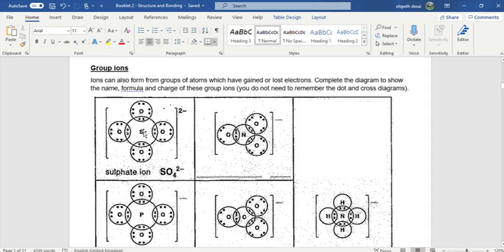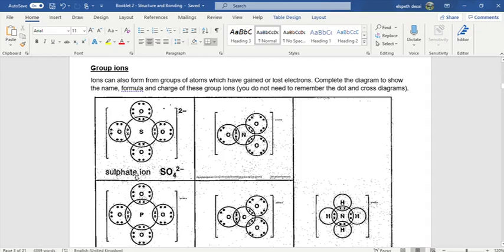So for this one, look at the diagram, and you can see there's a sulfur and 4 oxygen atoms. That tells us the formula for this ion is SO4, and you can see the charge is 2-, so the formula for this ion is SO4 2-. Then you'll need to look in the data book to see the name of that ion. You'll see that SO4 2- is what we call the sulfate ion.